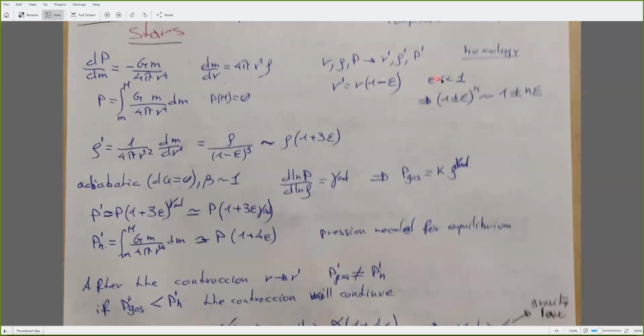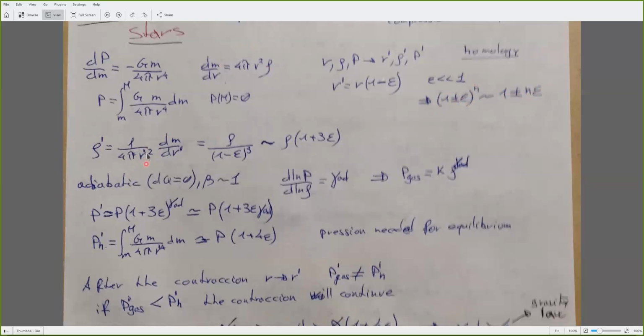And since epsilon is small, just remember the Taylor expansion: 1 plus or minus a small variation to the power n can be rewritten as 1 plus or minus n times the variation. So the density can be expressed in this way from the continuity.